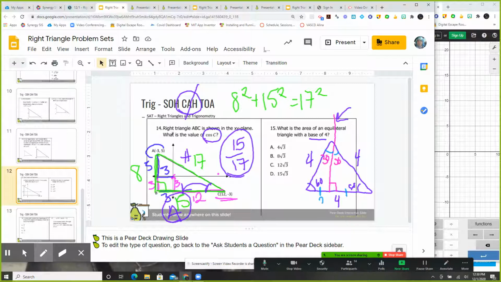Let's go to 2. And opposite my 30-degree angle is the smallest side, and opposite my 90-degree angle is the biggest side, right? So what's the height? 2 times the square root of?